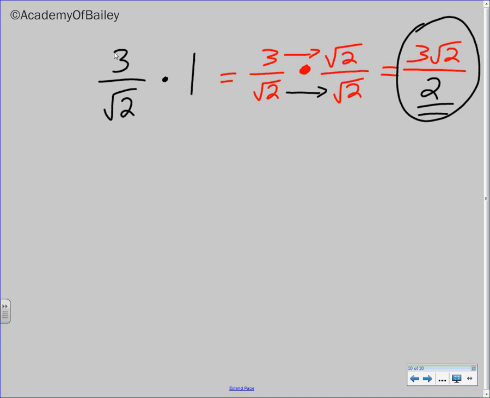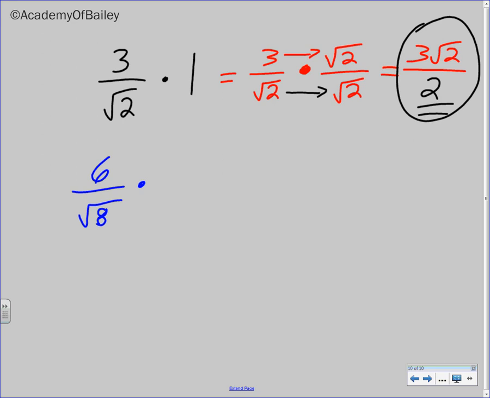Okay, let's try this one. Let's try 6 over the square root of 8. Two ways to think about this.